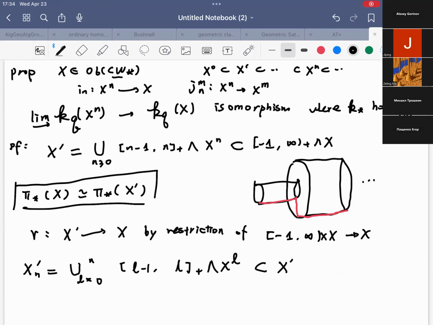Then we use the same notation here. And you also have the notation maximum prime to maximum. This is also the restriction of the projection.